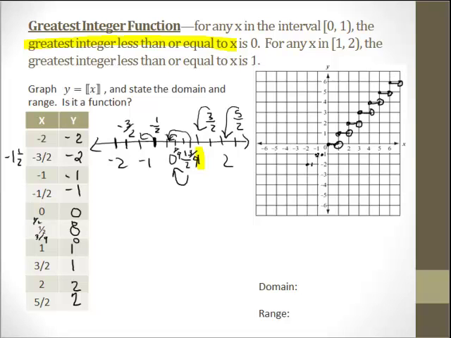So the greatest integer function actually looks just like this. These are closed in. And the left side is closed, the right side is open. So it looks something like that. This is your greatest integer function.